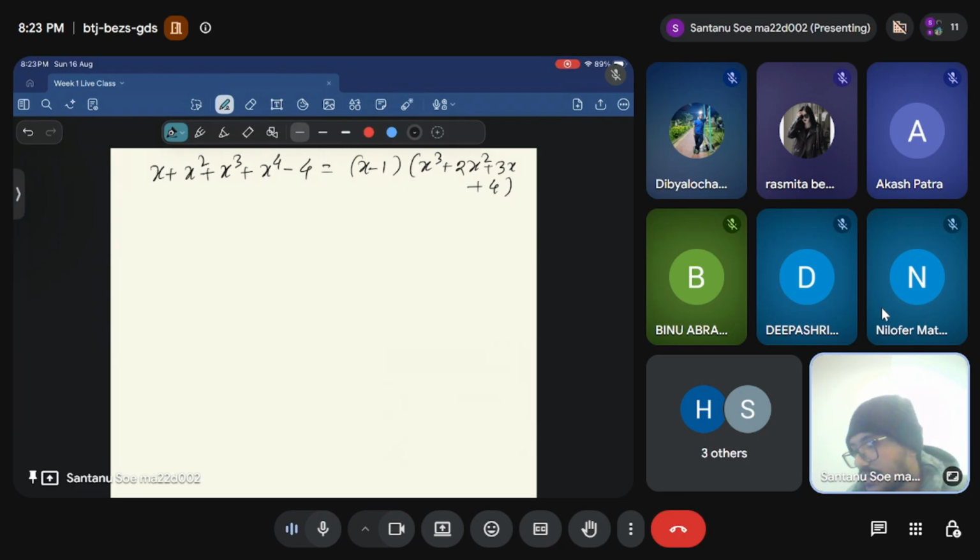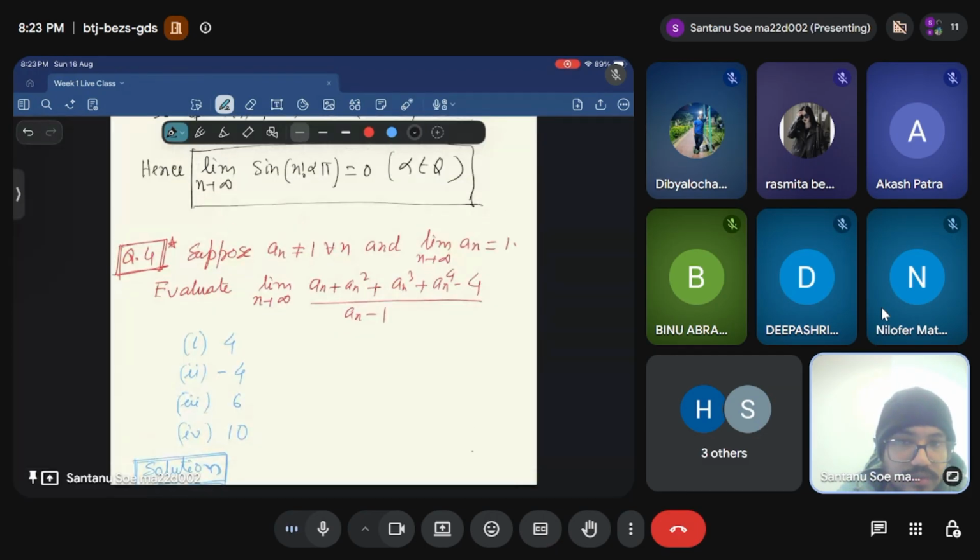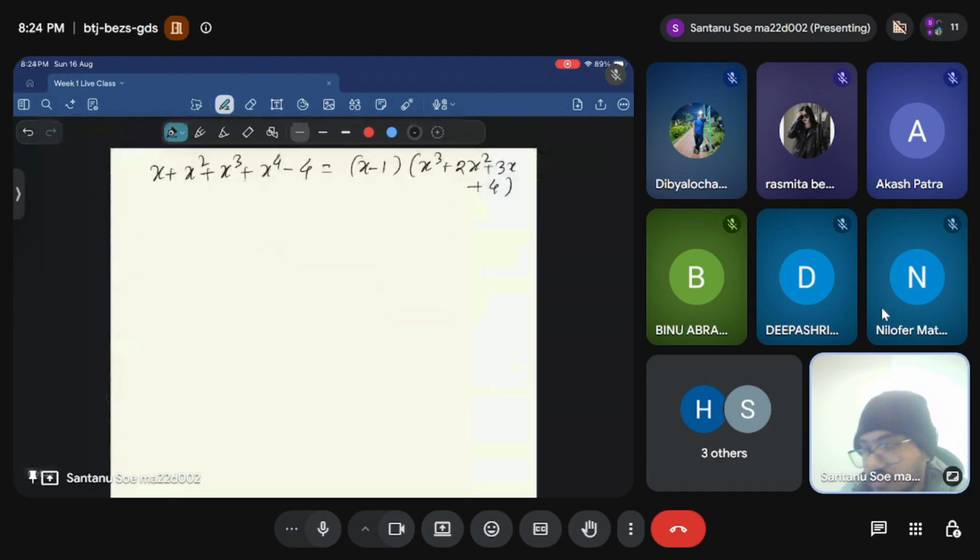So similarly you can just replace x by a_n. So you can write a_n plus a_n square plus a_n cube plus a_n to the power 4 minus 4 equals (a_n minus 1) into (a_n cube plus 2a_n square plus 3a_n plus 4), right?